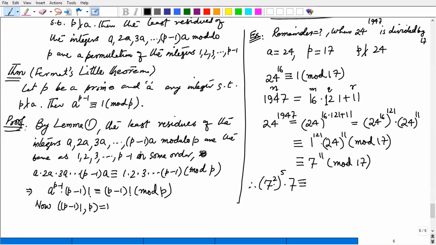So 49 is negative 2 modulo 17, because 17 times 3 is 51. So minus 2 in the same class: (minus 2) to the power 5 times 7 modulo 17. So this can also be written as (minus 2) to the power 5 is minus 32.